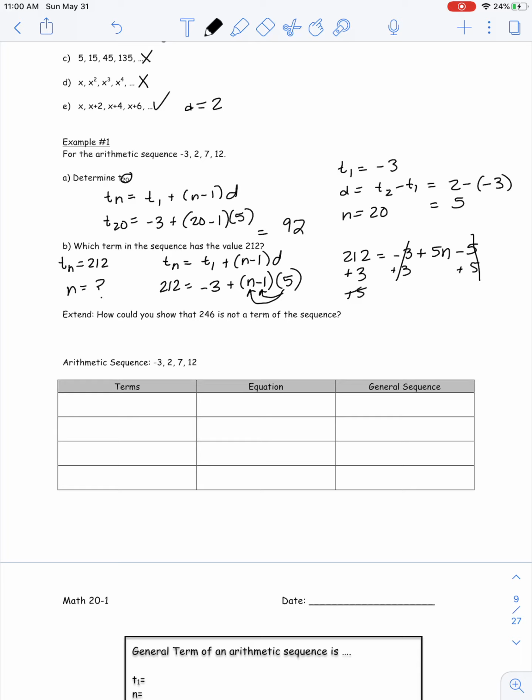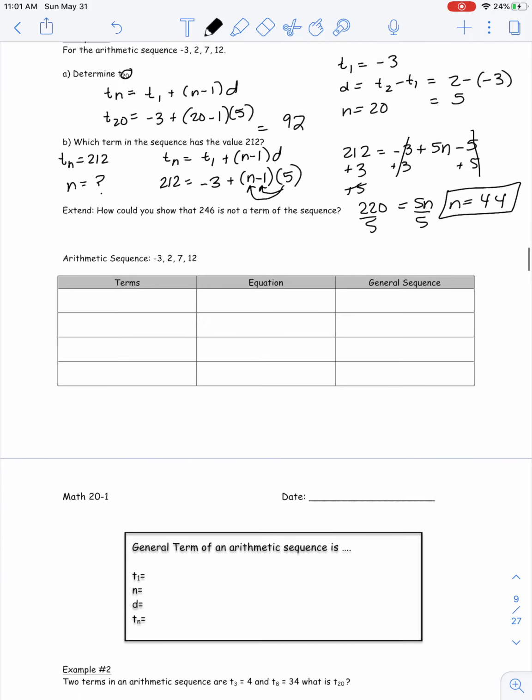That gives me 212 plus 3 is 215, and then 220 equals 5n. So 220 divided by 5 is how we're going to solve for our n value, and n is equal to 44. So that is what spot we're in when the term is 212.